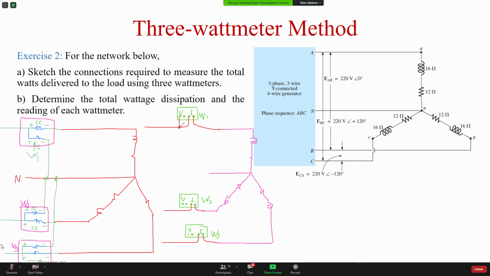It means different colors so we can see the voltage. So the positive is here, the negative is to the neutral. This one is the same. The positive is here, the negative is connected to the neutral. Same here, the positive is here, the negative is connected to the neutral.